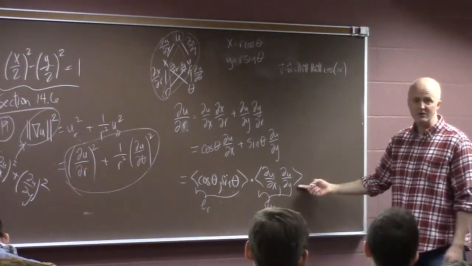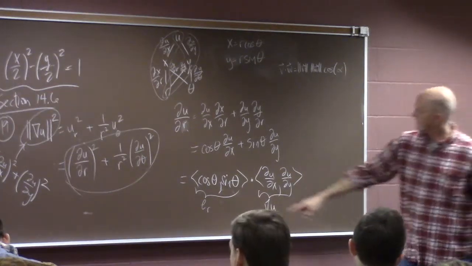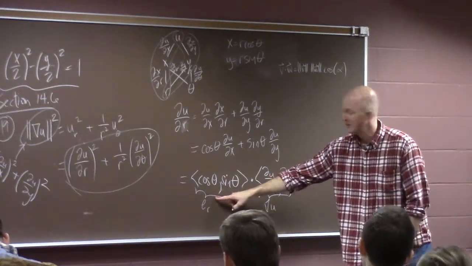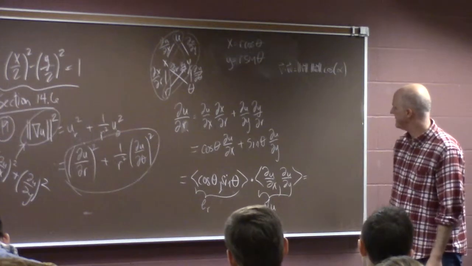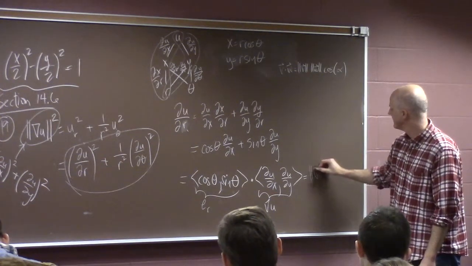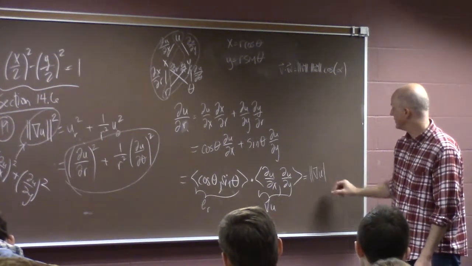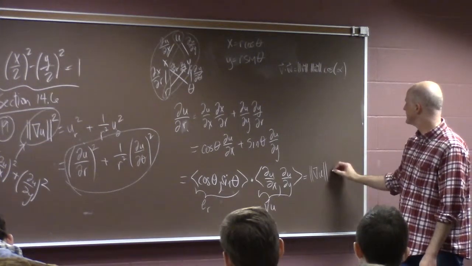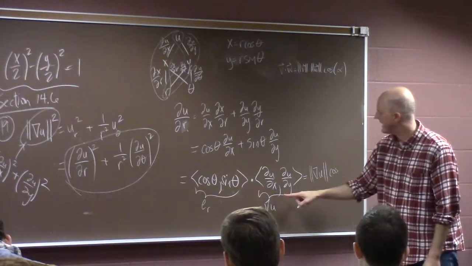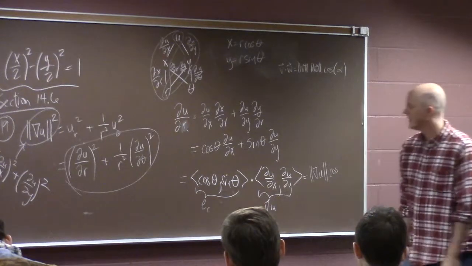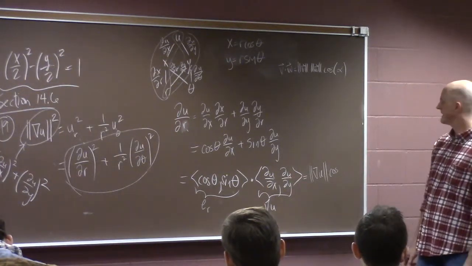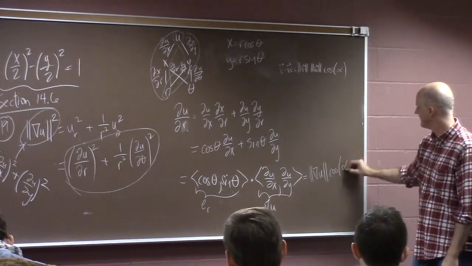That can be applied here too. And the length of that vector is just 1. So this is really the same thing as the magnitude of the gradient of u, times the cosine of the angle between the gradient and E r, which is not going to be the same as theta. Let's call it alpha.